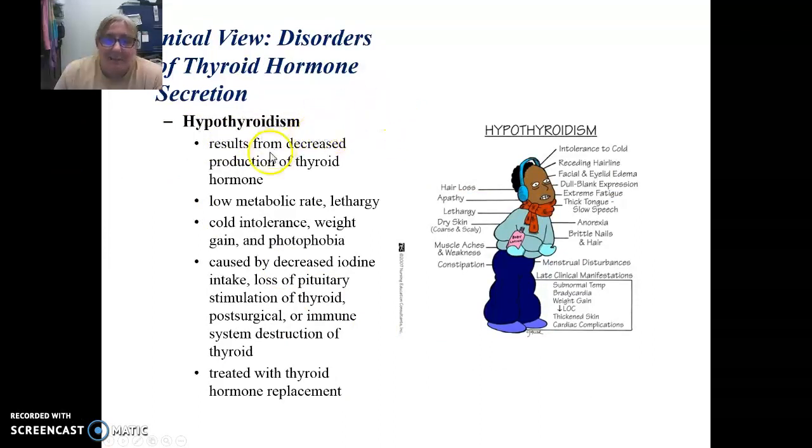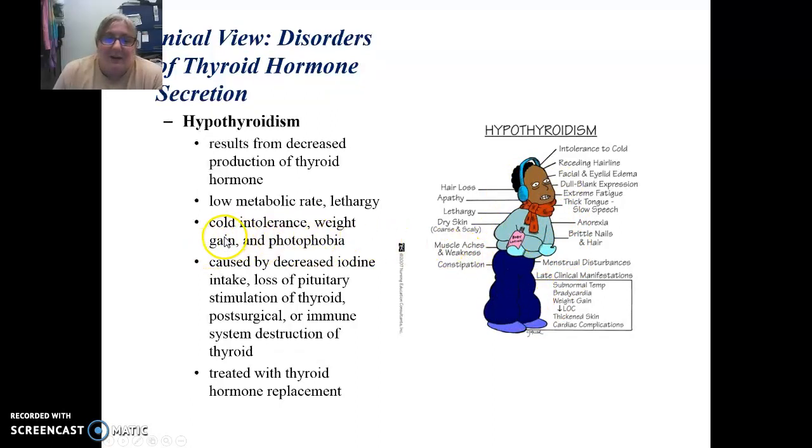Hypothyroidism is the opposite. This is what we mostly see as a disorder. So we have decreased thyroid hormone production, which leads to low metabolic rate, a feeling of fatigue, and you're more cold, you're not producing as much energy.